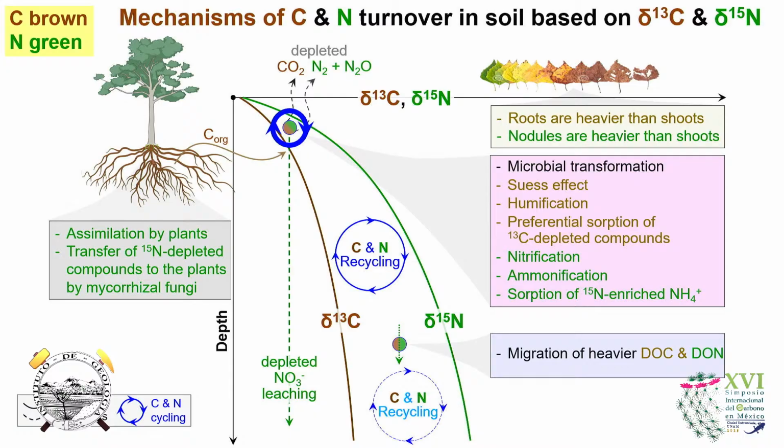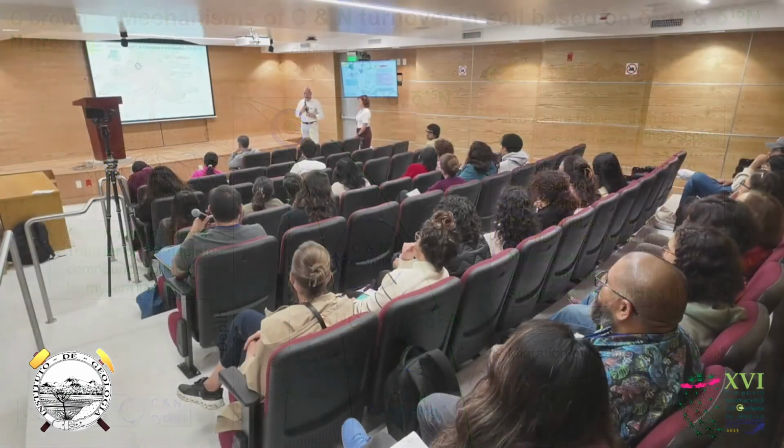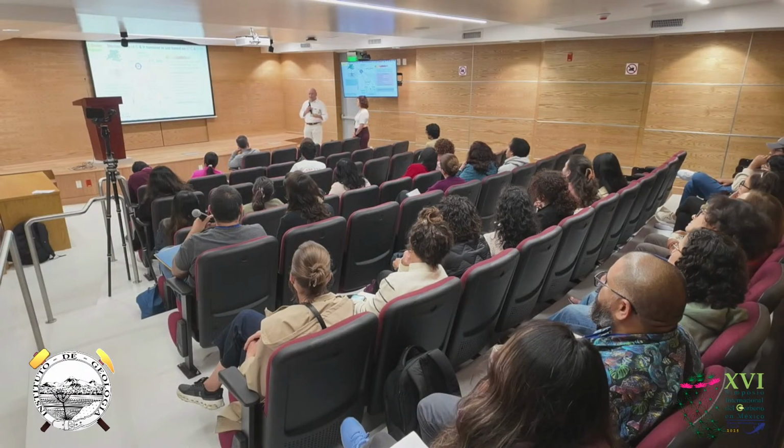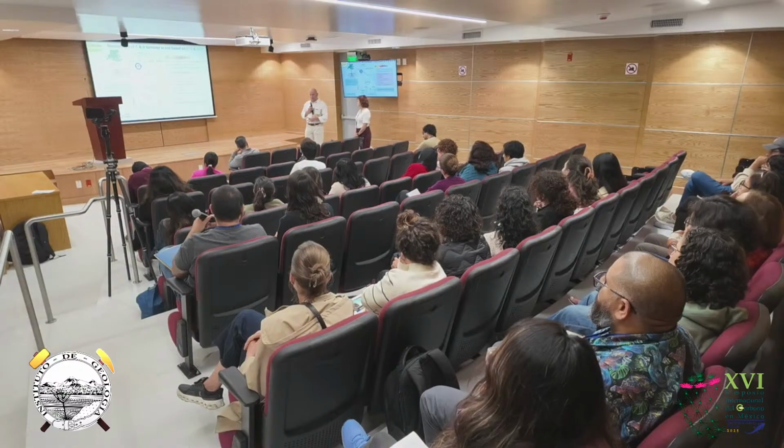Consequently, this dissolved organic matter is heavier and goes into migration, and this also contributes to the inclination of these two lines in the depths. The first question, what you mentioned, is about the assimilation by the plants and the formation of various compounds.